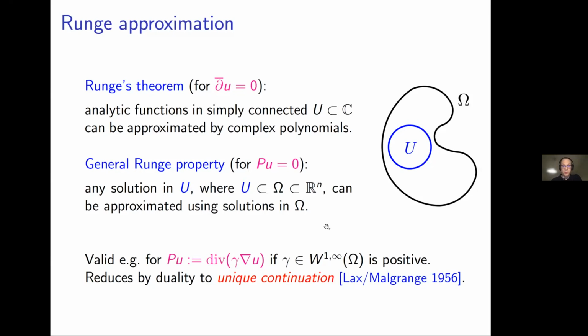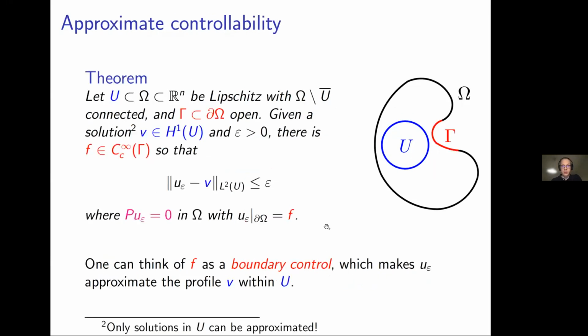Okay, so let me state the precise version of this Runge approximation. Here's a simple example of such a result. If again you have two domains U and omega, U is a smaller one, and let's assume they have Lipschitz boundary, and there's a small topological assumption: the complement omega minus U bar has to be connected. And now you can also put an open subset gamma of the boundary, this red set here.